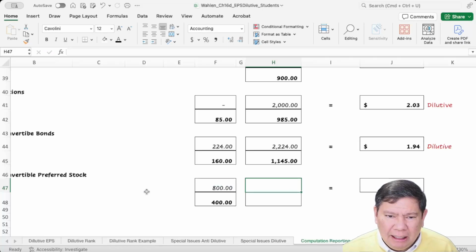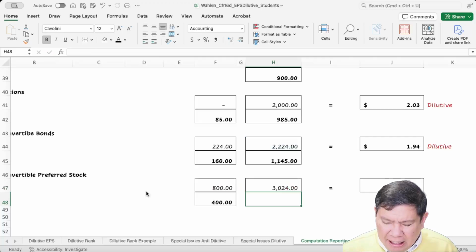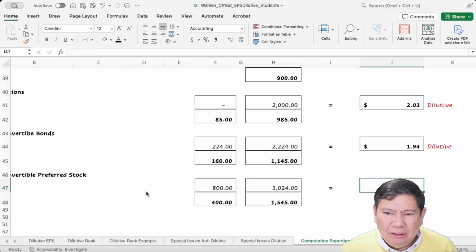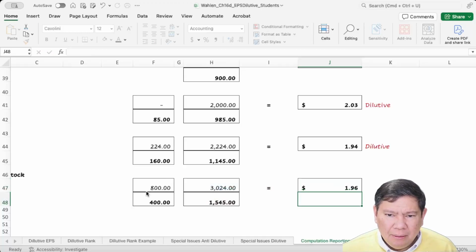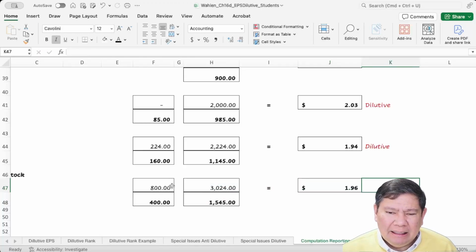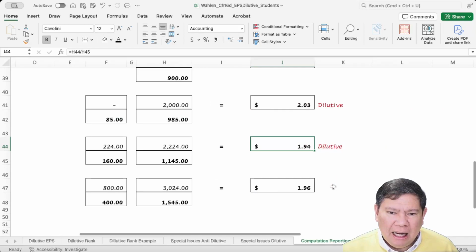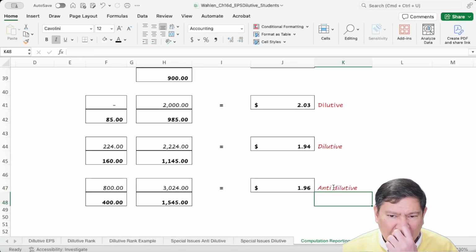So the numerator will go up by 800 and the denominator will go up by 400. So we can calculate the earnings per share: 1.96. Now, because 1.96 is higher than the previous one, 1.94, this is an anti-dilutive impact that we're seeing here.